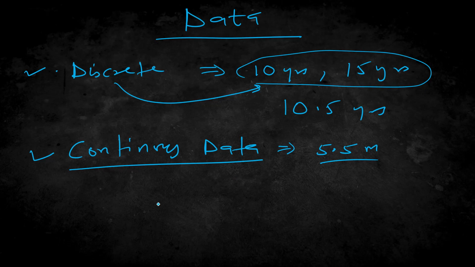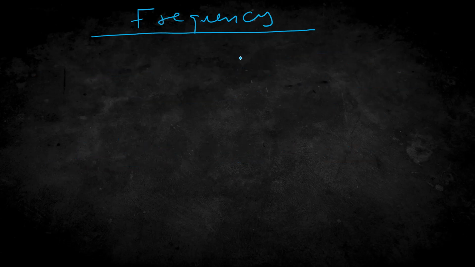That is that. Now, frequency. When we talk about frequency, it is the number of occurrences of individual items belonging to a class or group. Now, we can have a frequency distribution table. We can have grouped and ungrouped.